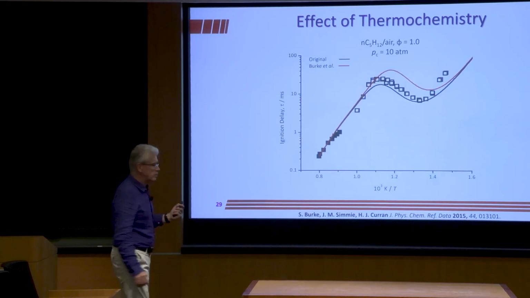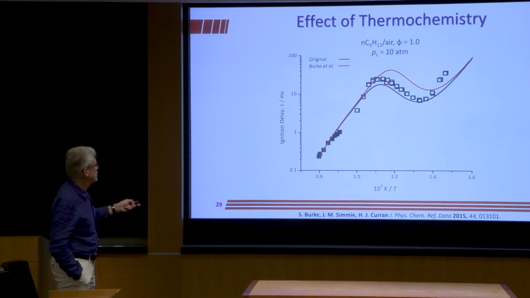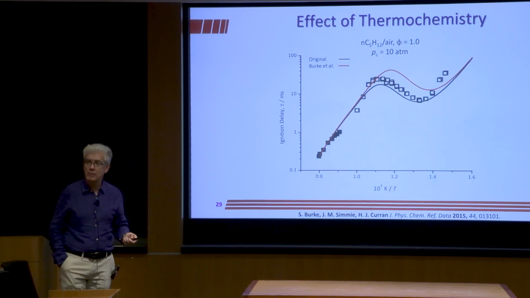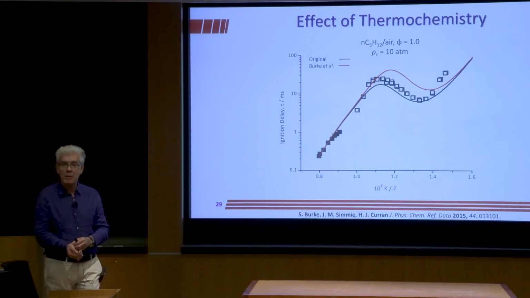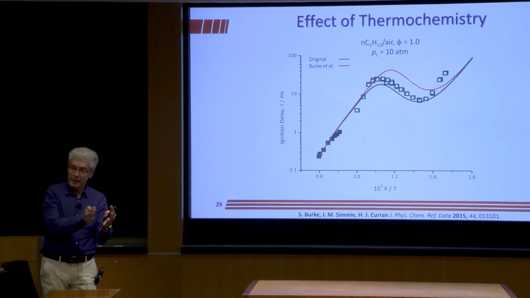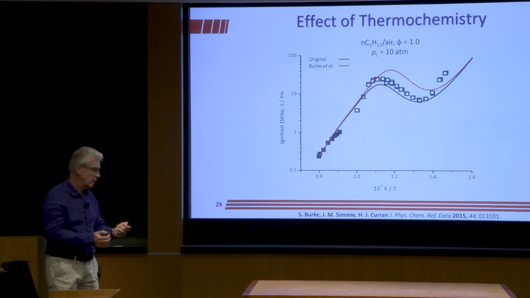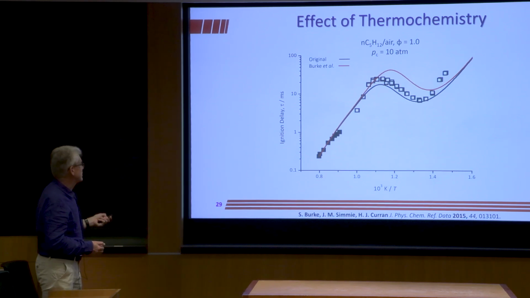So the thermochemistry was really important. And so here was an original model prediction. And when we changed just the thermochemistry, the model became so much slower, because it was shifting everything back towards reactants and not onto products, right? And so that was the first thing.